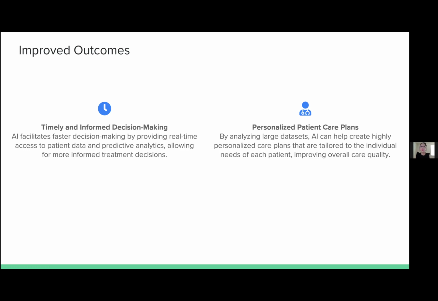Improved outcomes. Timely and informed decision-making. AI can facilitate faster decision-making by providing real-time access to patient data and predictive analytics, allowing for more informed treatment decisions. I don't see that in what I'm doing necessarily, but I have a case where I was having a conversation, and I can show you this note in the system.